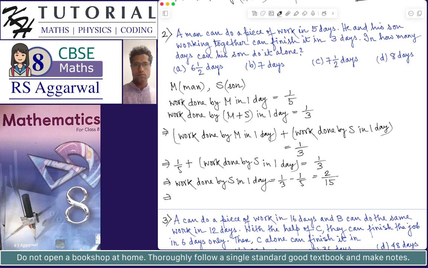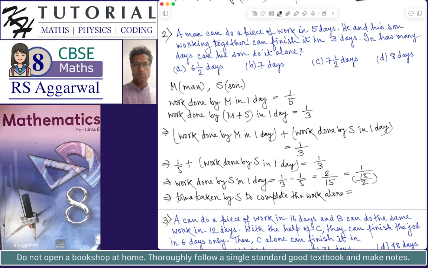So this implies time taken by S, that is the son, to complete the work alone will be equal to, now the work done by S in one day is 2 by 15, which we can write as 1 by 15 by 2.